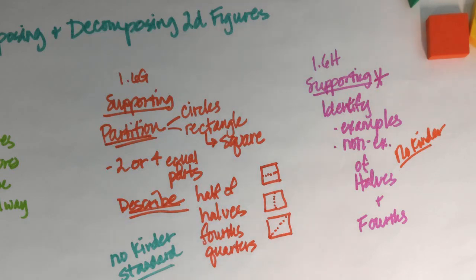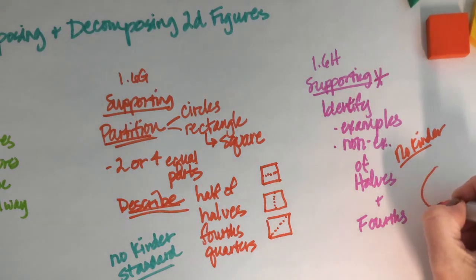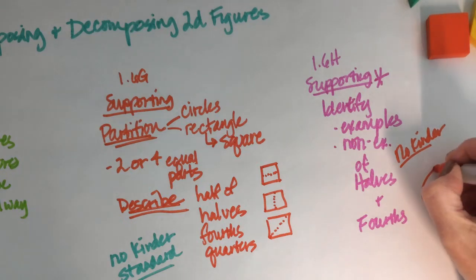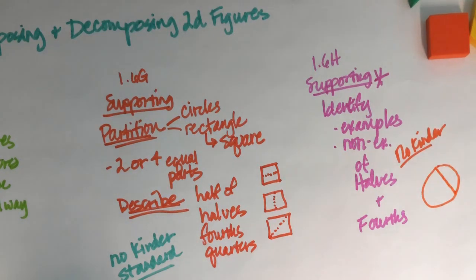So if I draw a circle and I cut it like this, I've just created 2 parts. They're not equal parts. I can't say they're unequal halves because they're not halves to start with. So we have to teach kids here that parts must be equal in order to represent a fraction.